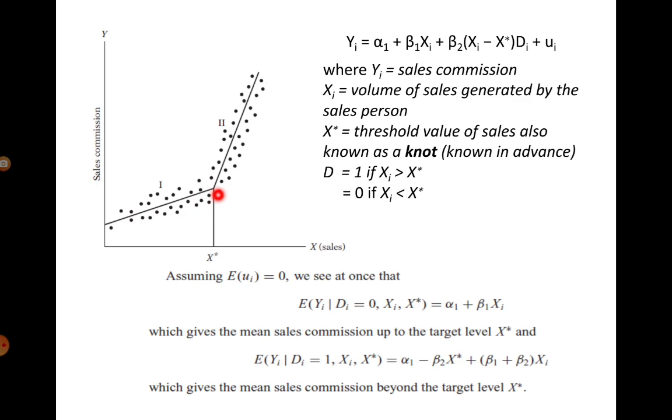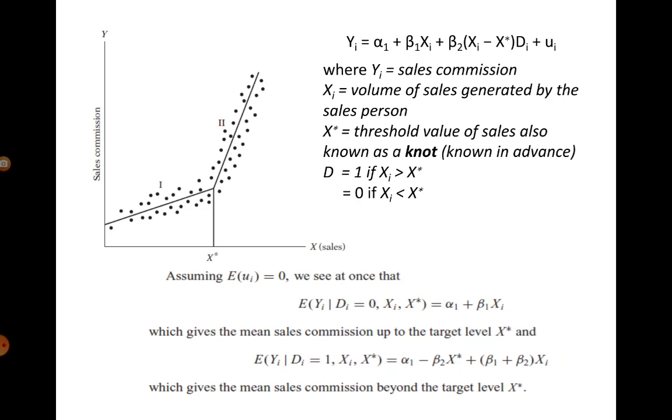Generally, X star is known to you a priori or in advance. This threshold level of sales is also known as a knot. Okay, and beyond this X star, your pattern of compensation takes a totally different change, and it is represented by the second segment of straight line labeled Roman number 2.